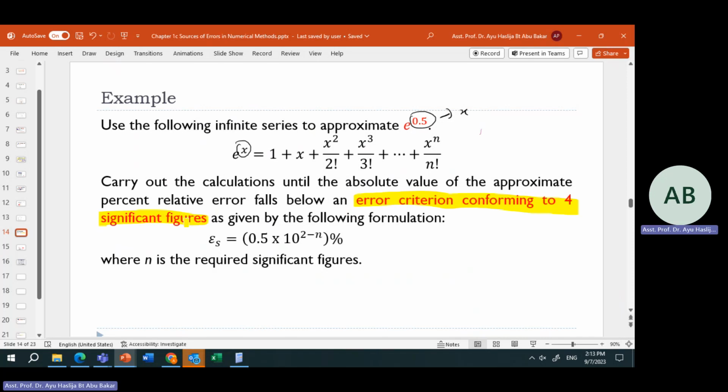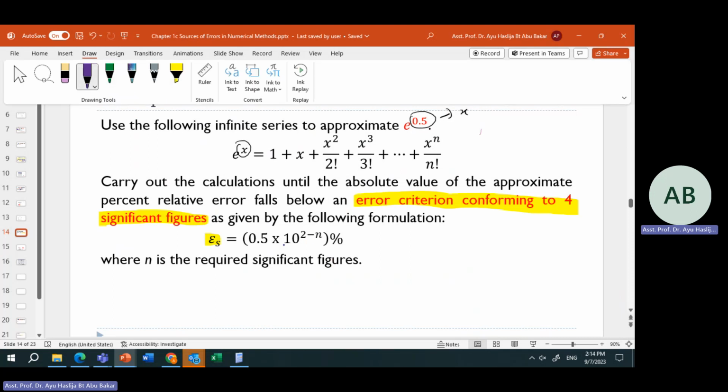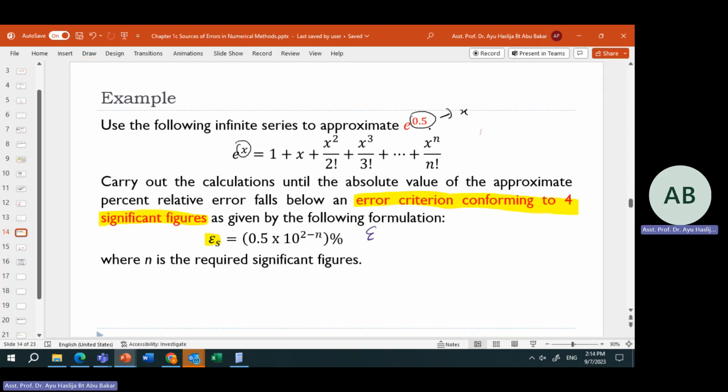Using this info, we can calculate the ES, where n is the required significant figures. Clearly it mentioned 4 significant figures. We need to calculate the ES by replacing the n over here with 4.